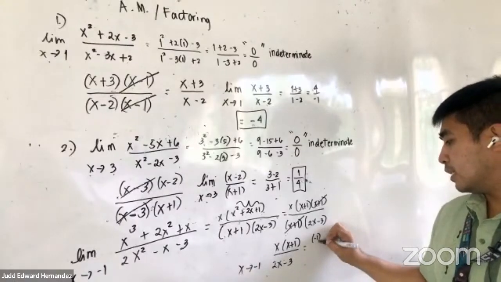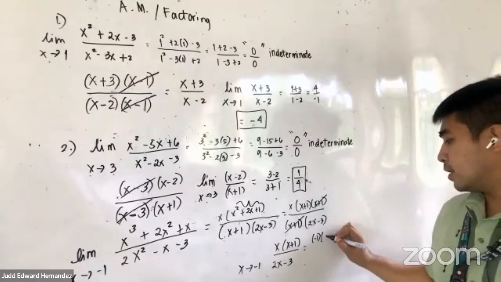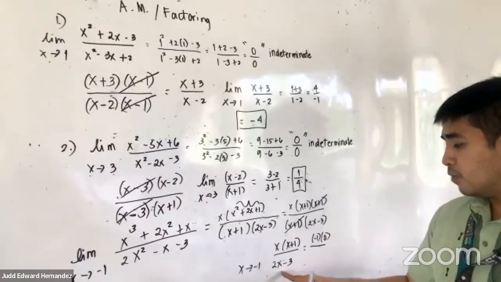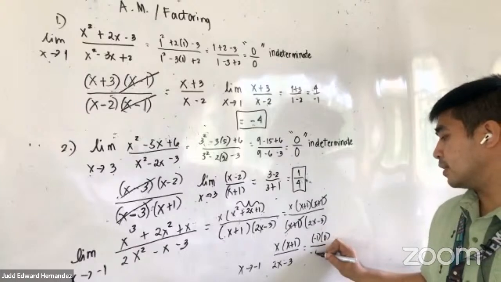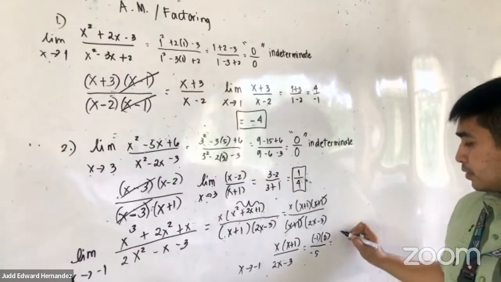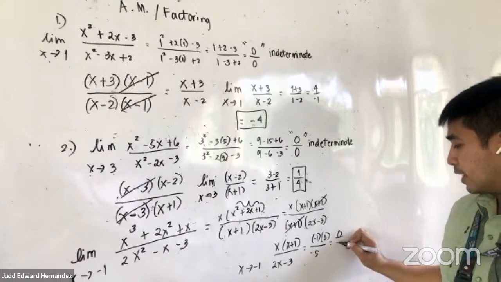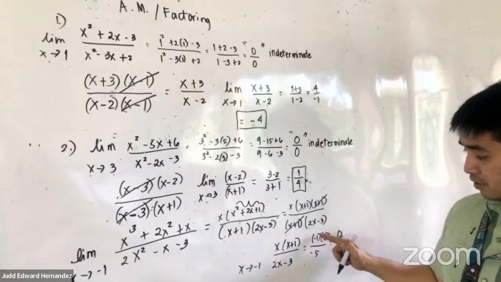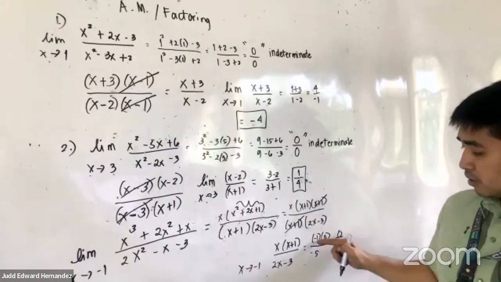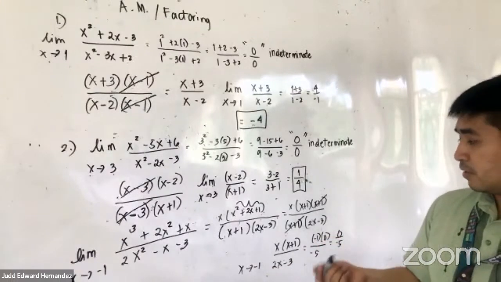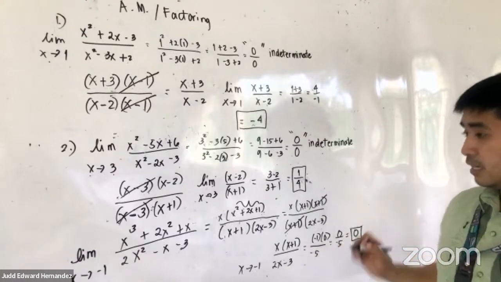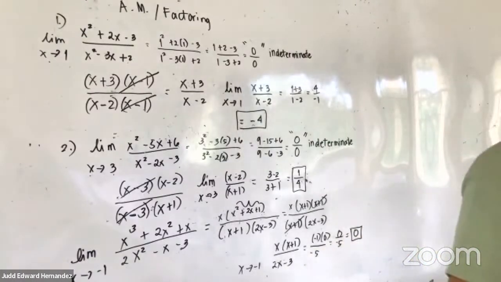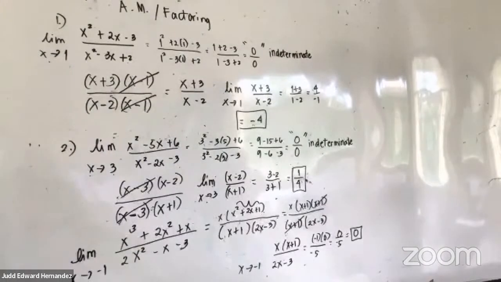It is now equal to -1 times -1 plus 1, which is 0. 2 times -1 is -2. -2 minus 3 is -5. So it becomes 0 over -5. But since the numerator is 0, therefore we could say that it is equal to 0. Are we clear? Yes, sir.